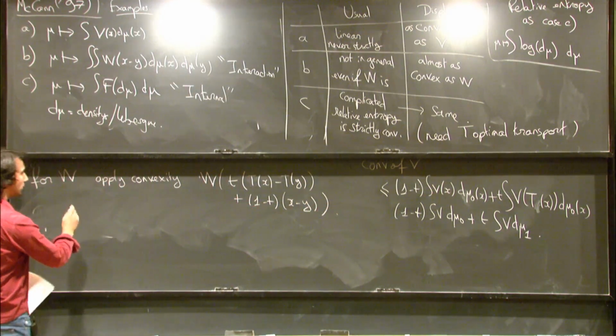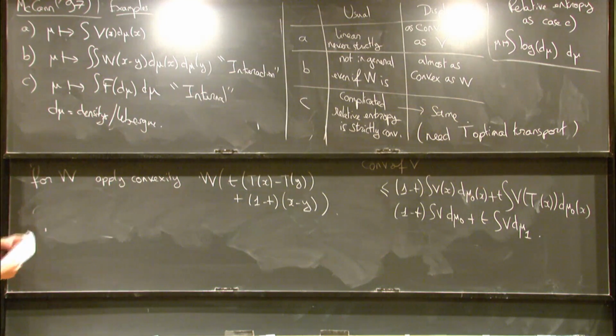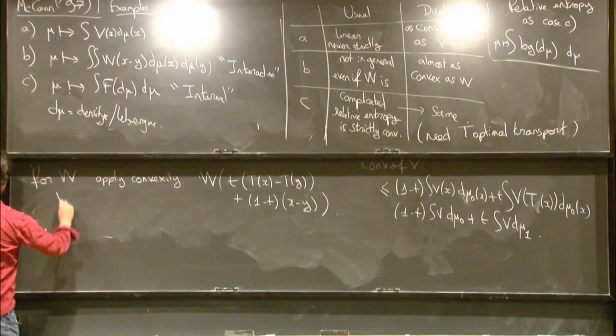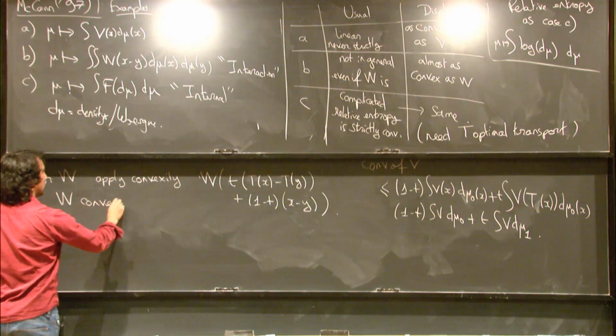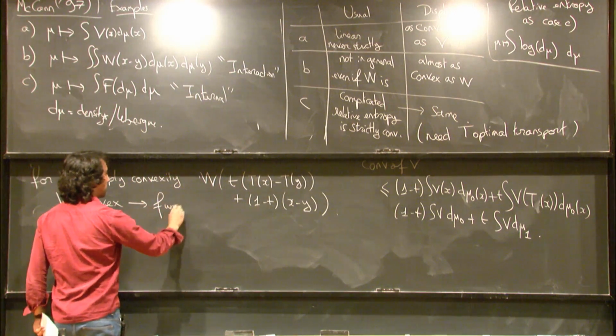So it's always going to be, if W is convex, then the functional is displacement convex.